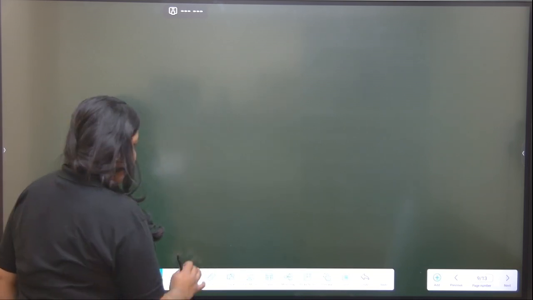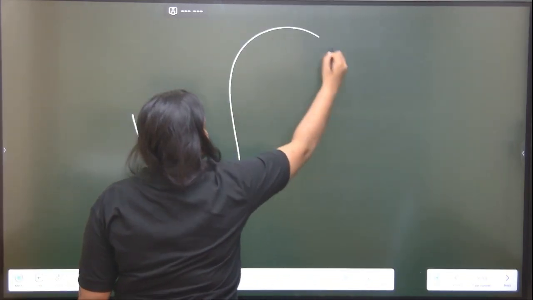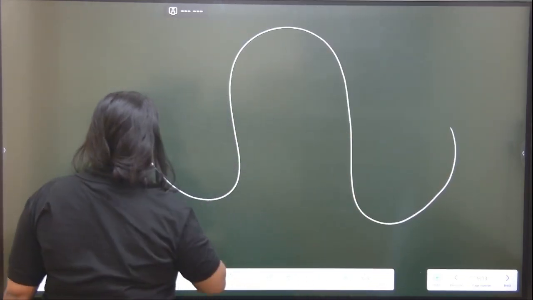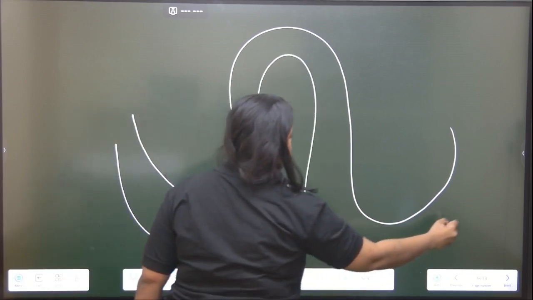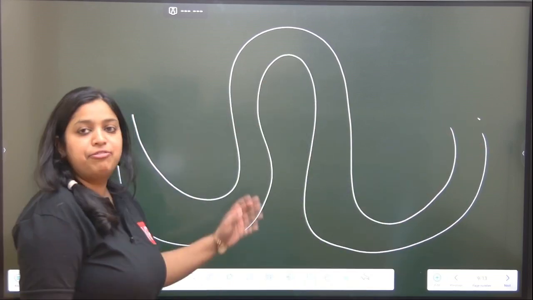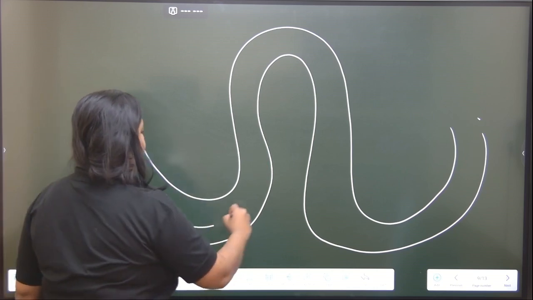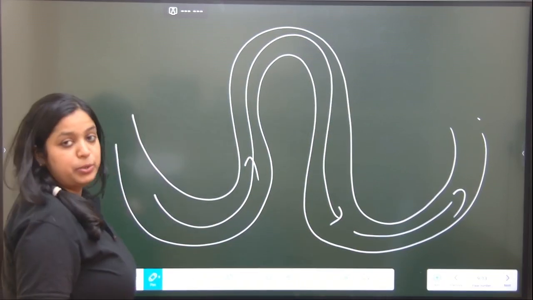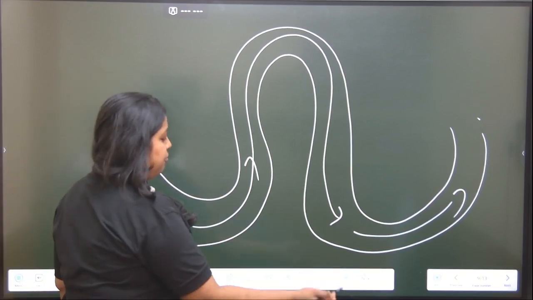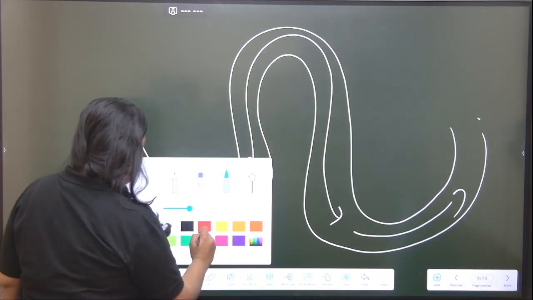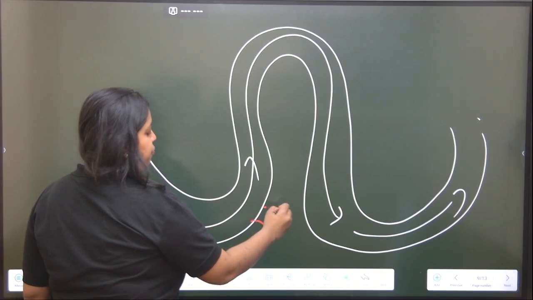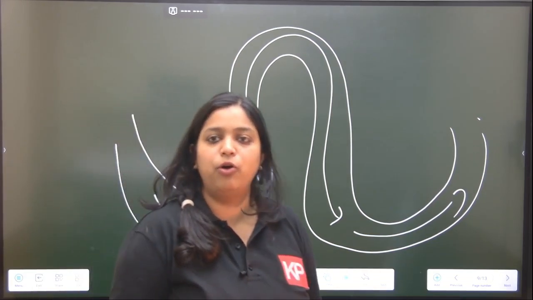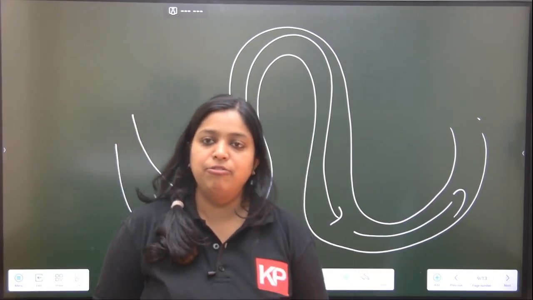There is one more type of cutoff. So imagine this is the channel situation, a meandering channel in this particular way, and suddenly flooding happened. So the water flow was happening in this particular direction. Suddenly flooding happened, and we know during flooding the water will be overflowing all around the floodplain.